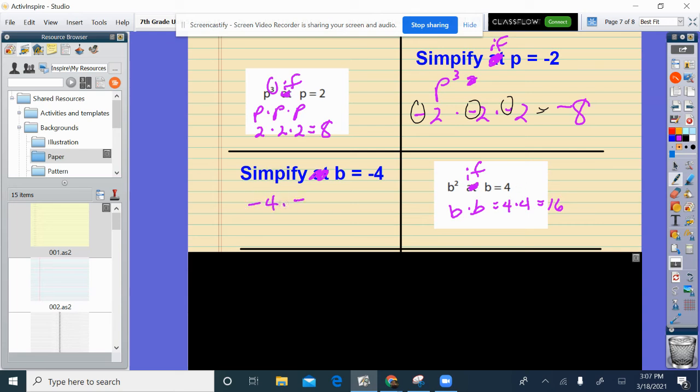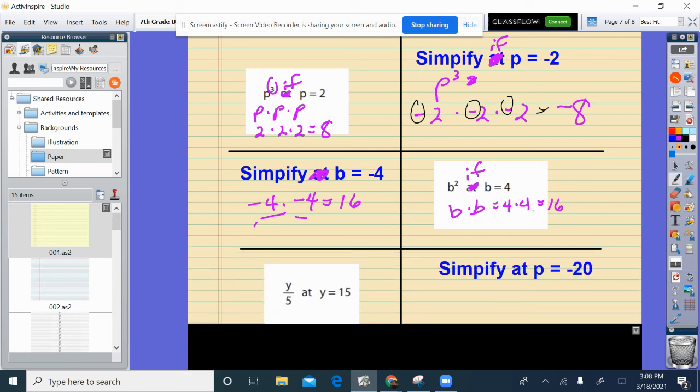Well, negative 4 times negative 4 would also equal 16 because there are 2 negative factors, so that's an even amount. That means my product will be positive. Note that we had negative 4 times negative 4 and 4 times 4, and we still got the same answer. So those are things you look for when you're working with expressions.